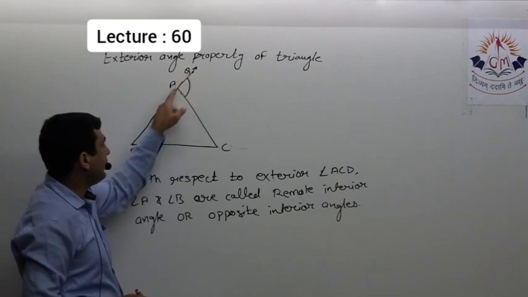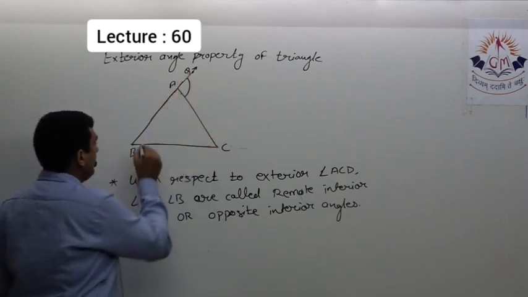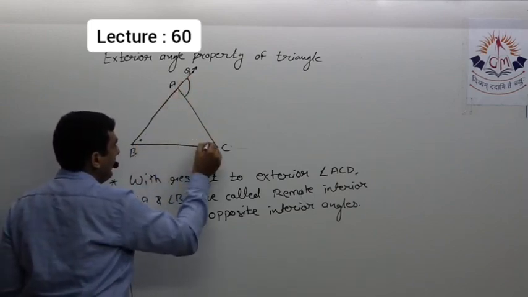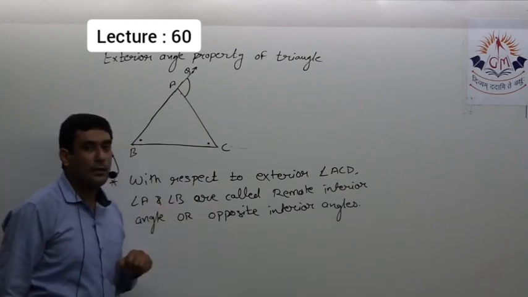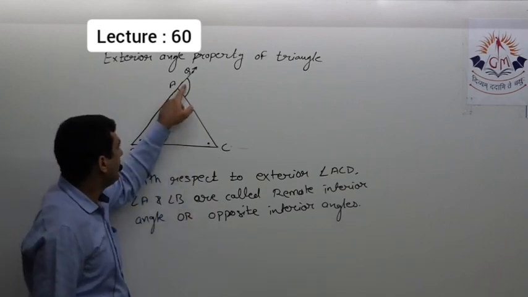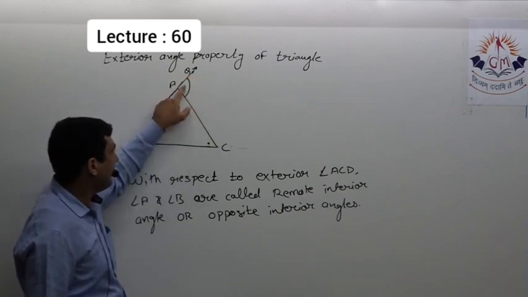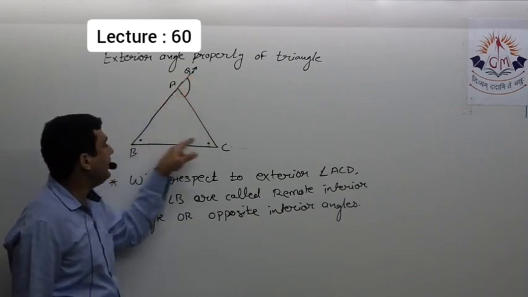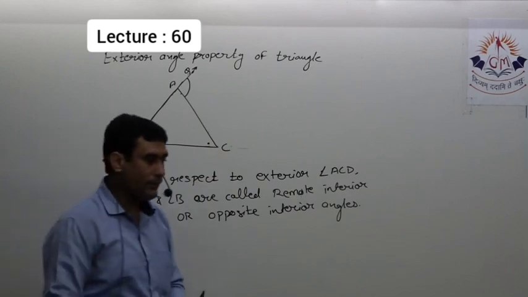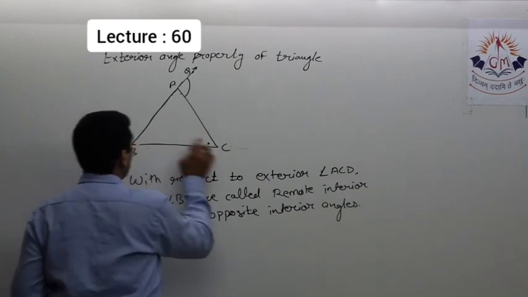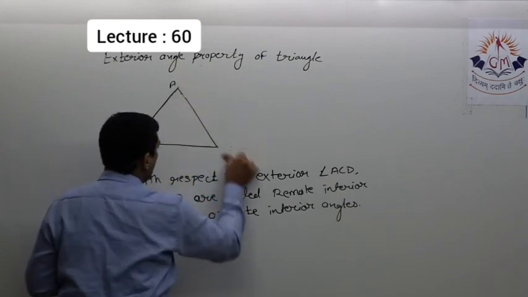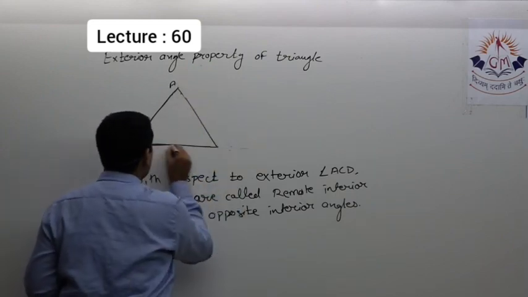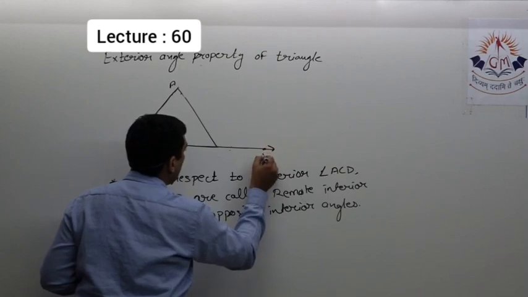If I take QAB as the exterior angle, then angle B and angle C will be the remote interior angles. Now we'll come to the property. Again I am taking the diagram as it is. I am considering this as point C and this exterior point is D.